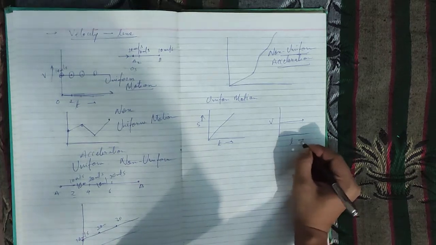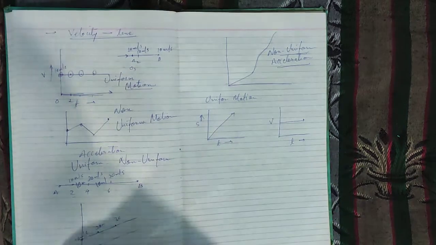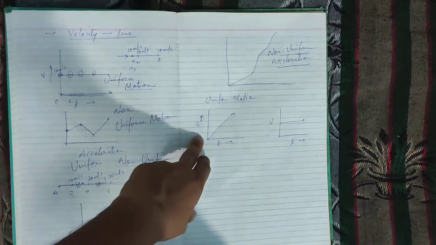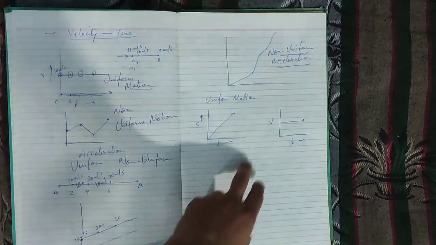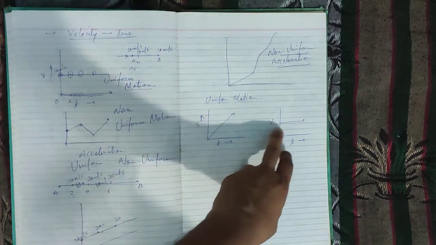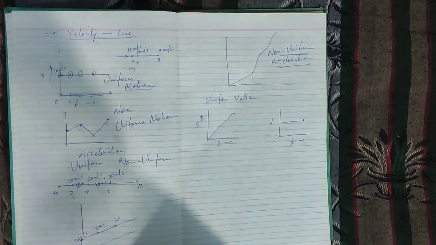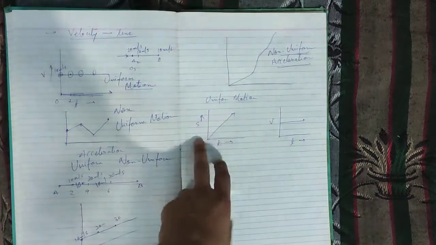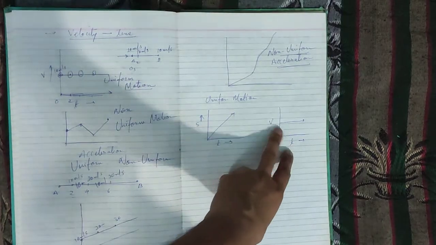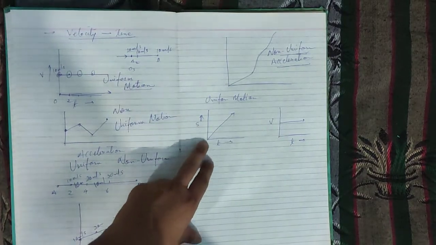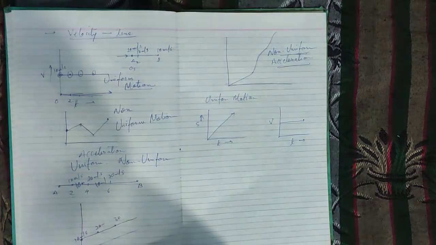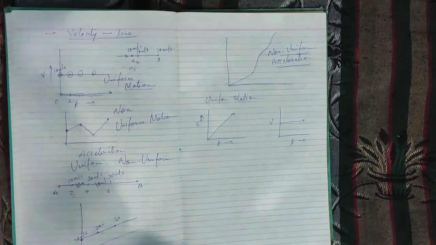If it is displacement time graph, we studied in the previous video that it is a straight line like this, but in this video we studied velocity time graph. So velocity time graph, it is a straight line parallel to x-axis like this. So this is the difference. Both cases describe uniform motion. This describes constant velocity, and this describes equal distance covered in equal intervals of time.